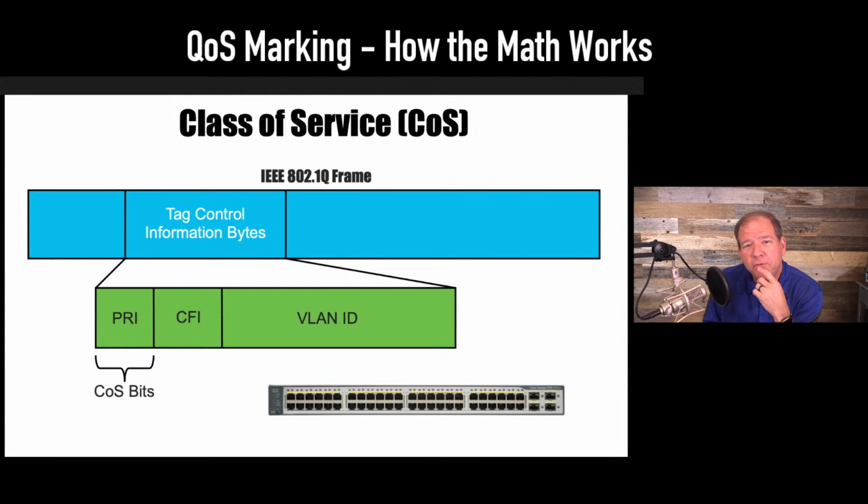But we want to start off by talking about how marking works and why we need marking. Now, to kind of set the stage, visualize this if you would. When I get on an airplane, which is less frequent these days, unfortunately, I fly Delta a lot, and I've not yet reached their silver medallion status.